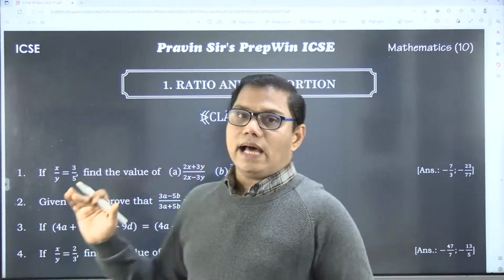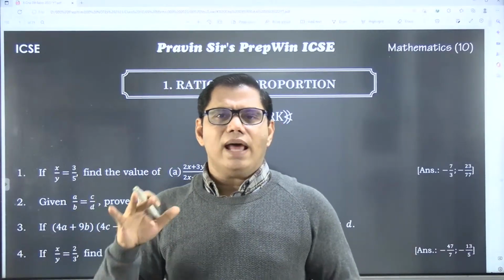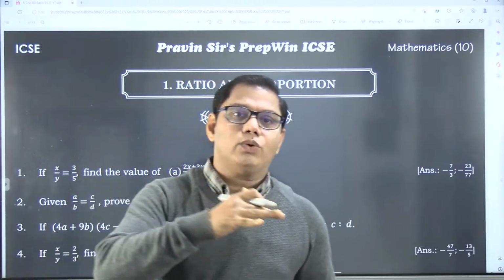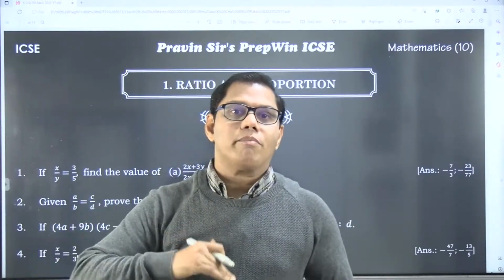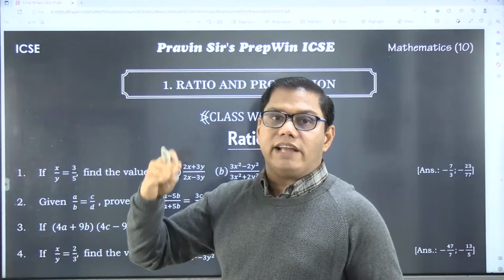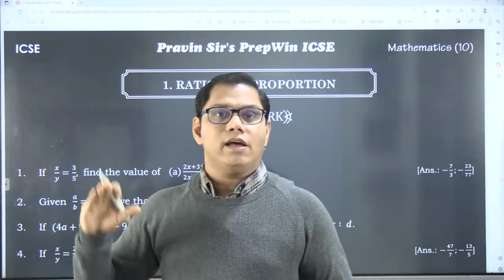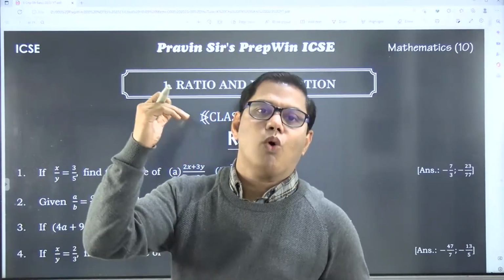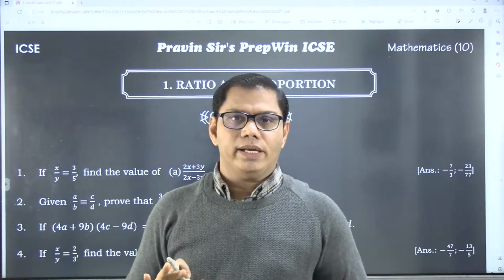The difficulty level of these questions is either equivalent to the questions asked in the board examination, or at most 10% extra. So these questions may be 10% more difficult than what you get in your board examination.